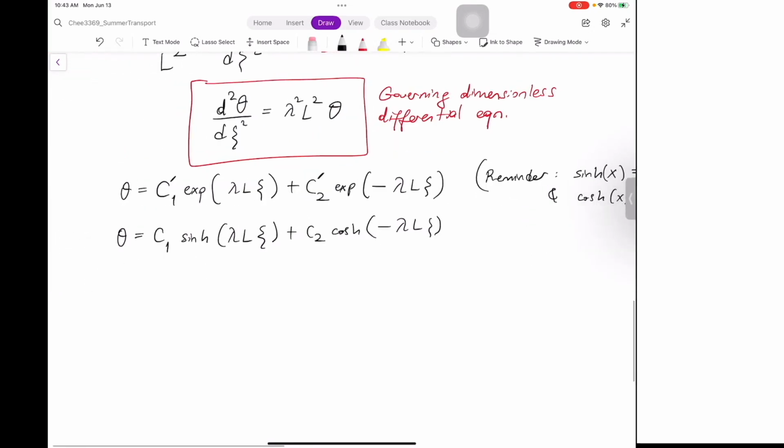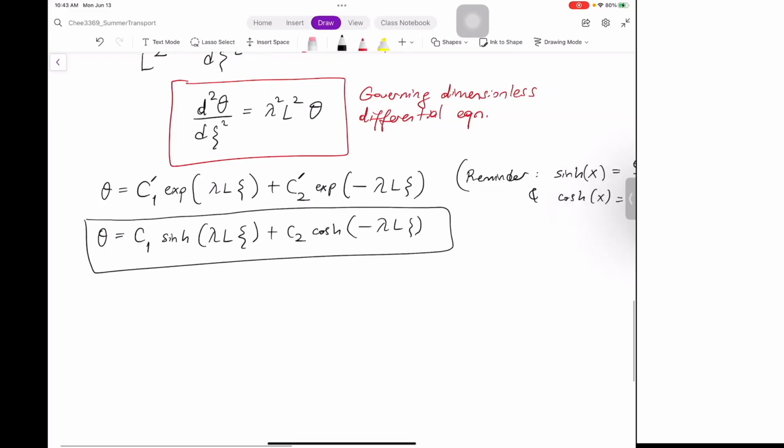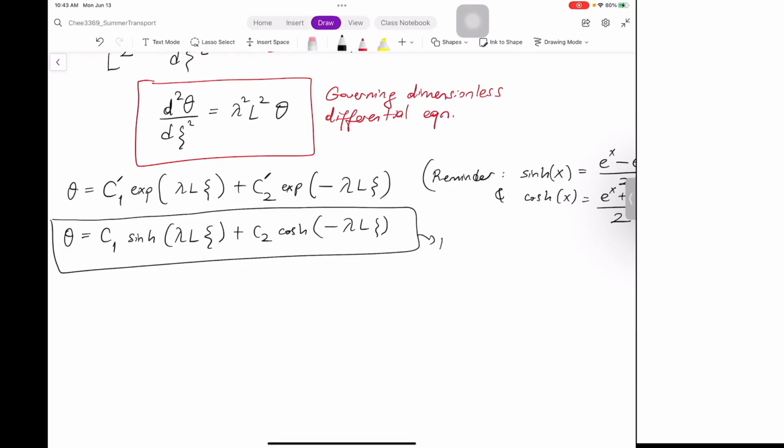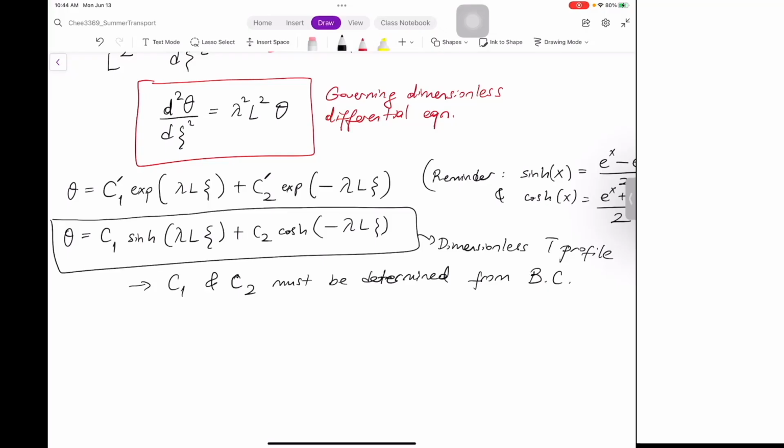Okay, so this is our dimensionless T profile. But something is missing here. C1 and C2 must be determined from boundary conditions. Okay, so we're going to do that after we give a break.